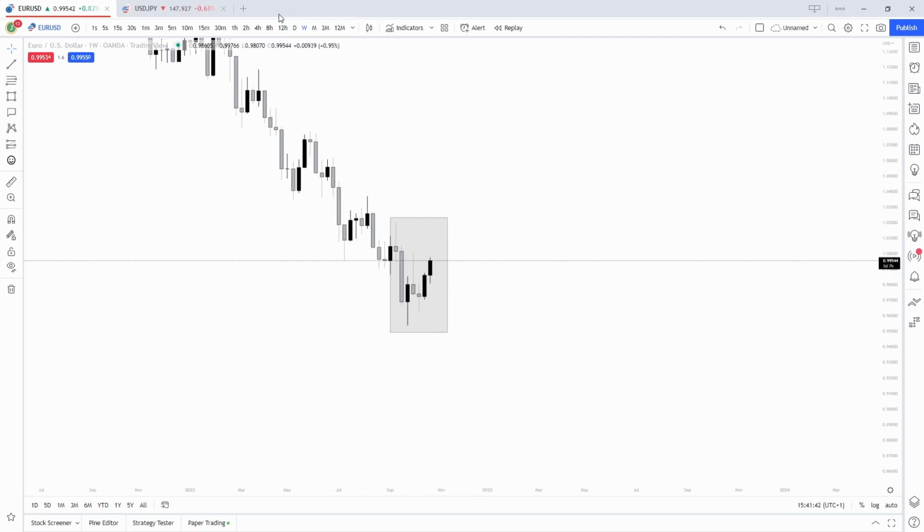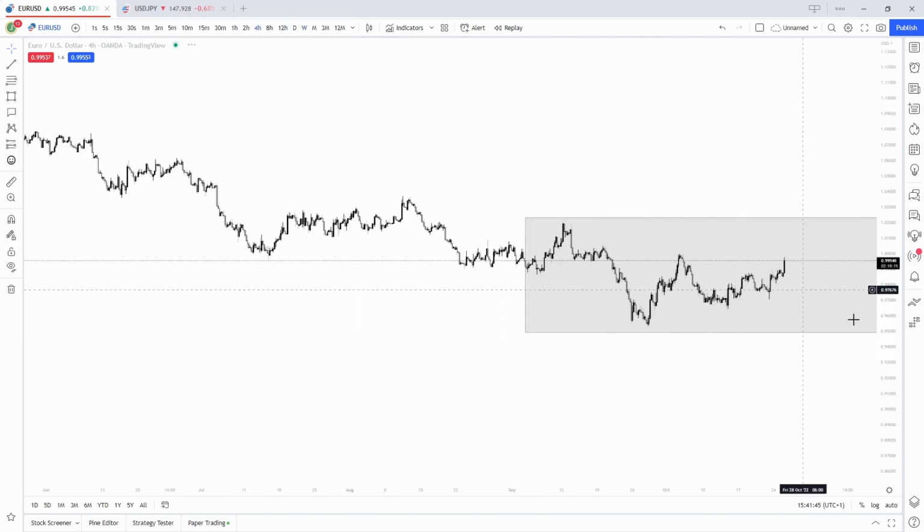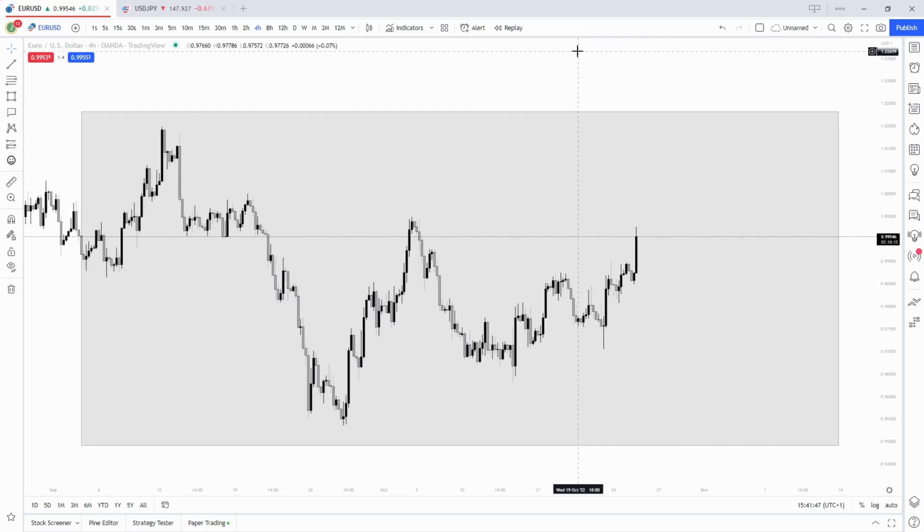Now what we can do is fractalize that, and if we go down to a lower time frame, what simply seemed like a move down and a move back up, we can see there is now a lot more information there, because where we were once on the 1 week time frame, we are now on the 4 hour, which means if we calculate how many 4 hours there are within a week, that is going to be 6 times 7, 36 times more data. So there is 36 times more data now in this region than there was before. So we fractalized the data that we were once seeing by 36 times.